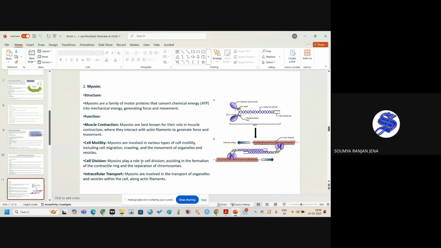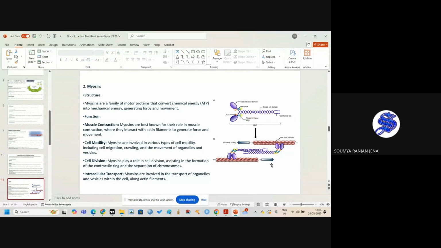Myosin also plays a role in cell division, assisting in the formation of the contractile ring and separation of the chromosomes. They separate the chromosomes by their mechanical force. Intracellularly, myosins are involved in the transport of organelles and vesicles within the cell, along with the actin filaments.